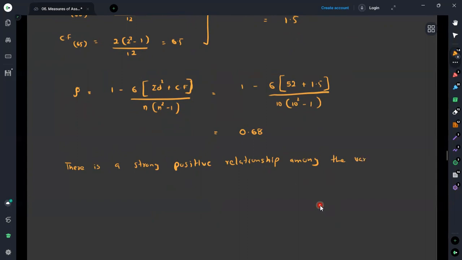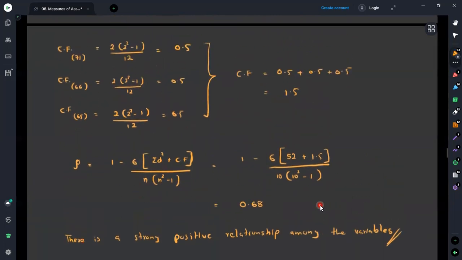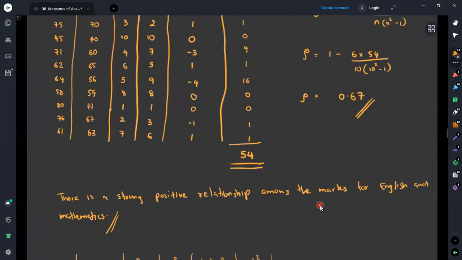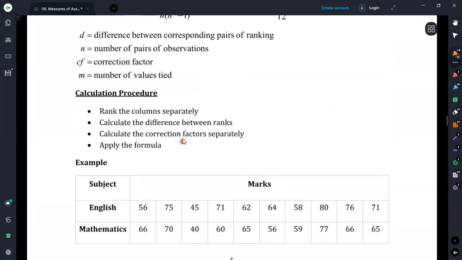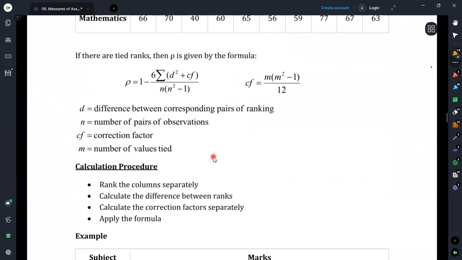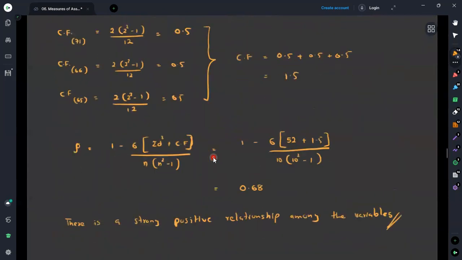I will write it as among the variables, and if you need, you can say there is a strong positive relationship among the marks of English and the marks of mathematics. Therefore, this is how we compute the Spearman's rank correlation if we have tied rankings.